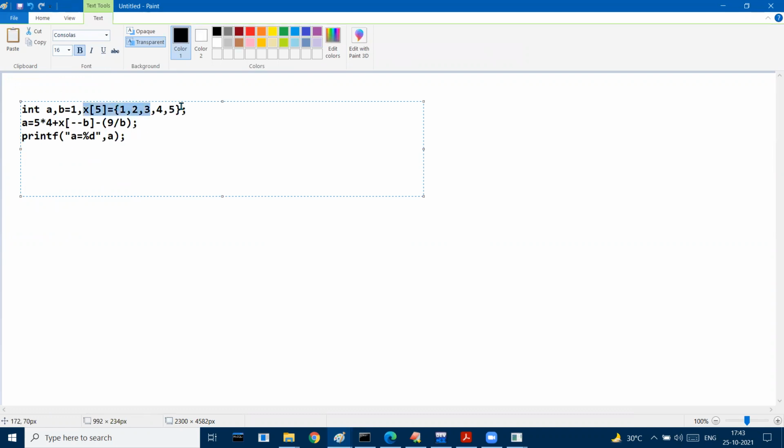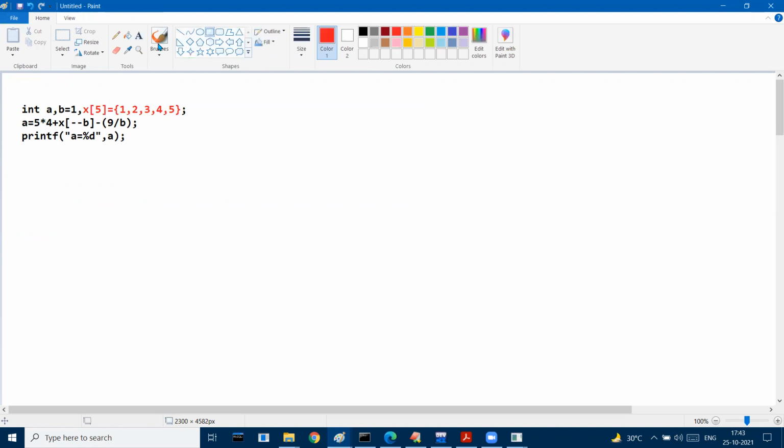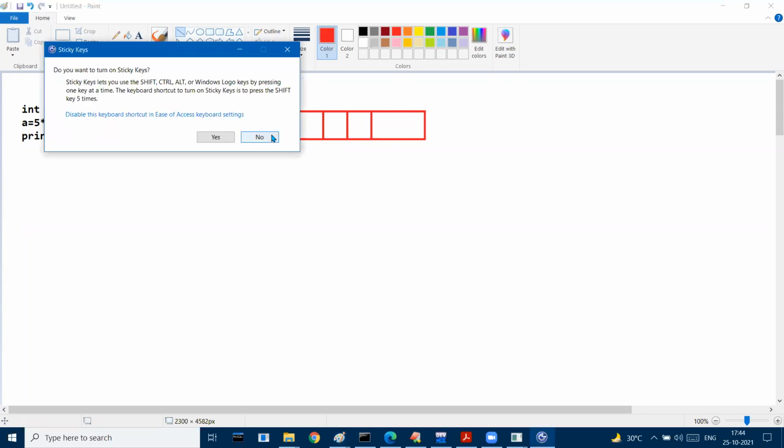As far as this line is concerned, what will happen? One array will be created. This is that array. How many cells will be there in that array? Size is 5, so 5 cells will be there: 1, 2, 3, 4, 5.